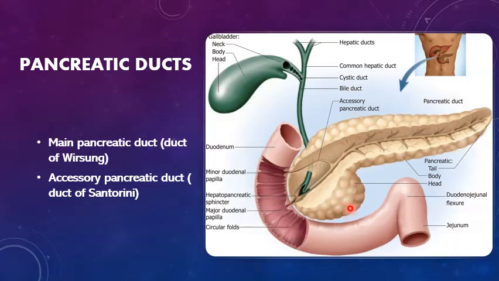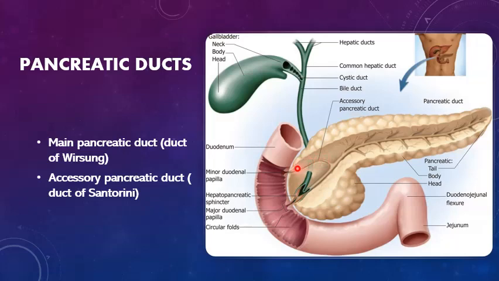The secretions from the uncinate process will be transferred through the accessory pancreatic duct, and this passes upwards and to the right, and it connects to the major pancreatic duct. Now, this accessory pancreatic duct, from the uncinate process, reaches the major pancreatic duct, right?